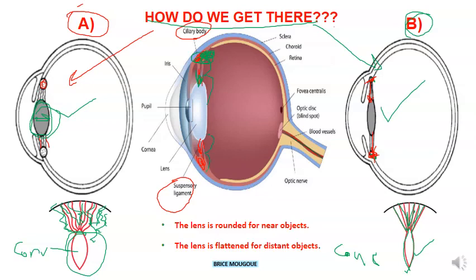Action, reaction, reaction. Okay, that's what happens. Now, this is how the shape of the lens is then altered, such that we have two cases, A, convex, and B, concave. So which one will be for far object, which one will be for near object? We shall see that in the next slide.